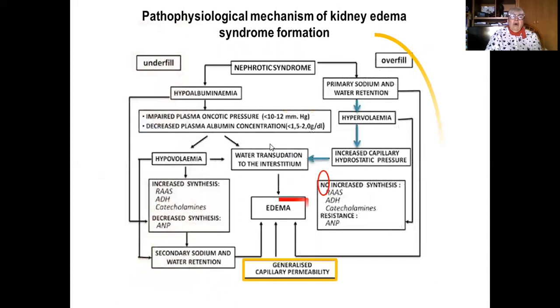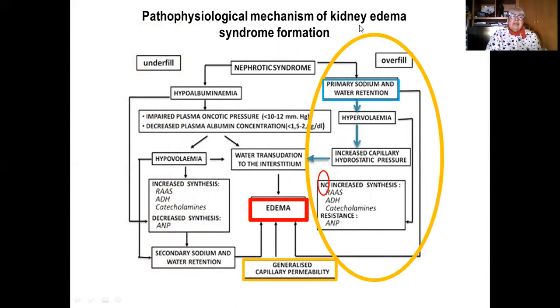So let's go on, and we have to discuss the pathophysiological mechanism of kidney edema. For the first, it will be primary sodium and water retention, leading to hypervolemia, then increased capillary hydrostatic pressure and water transudation to the interstitium with edema signs. In these cases, generalized capillary permeability is typical.